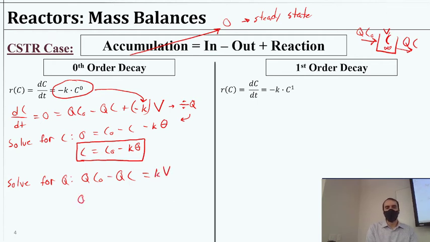So then we could say Q is equal to KV divided by C naught minus C. And that would be an expression for the flow rate. So you can see we can manipulate this any way we want now that we have the base equation. Does that make sense? We good?